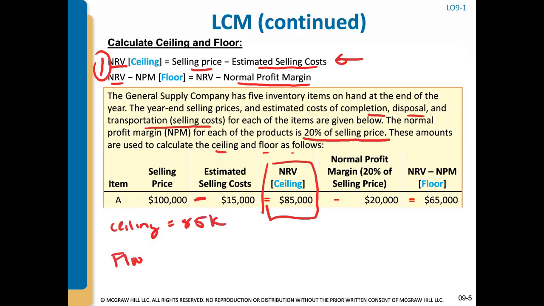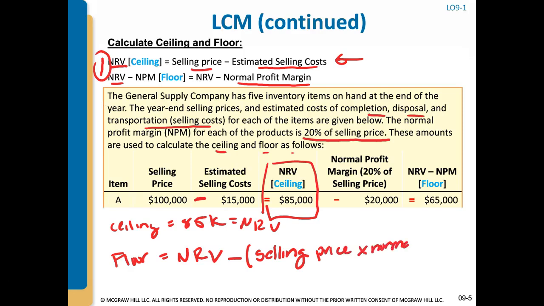Our floor is going to be our net realizable value minus, and this is how you're going to calculate this, your selling price times your normal profit margin, which we are told is 20%.